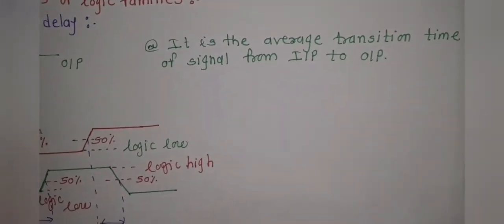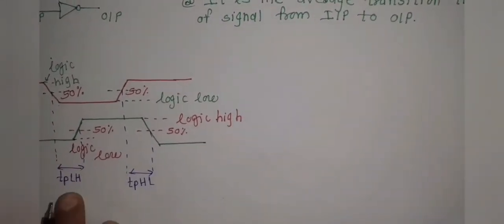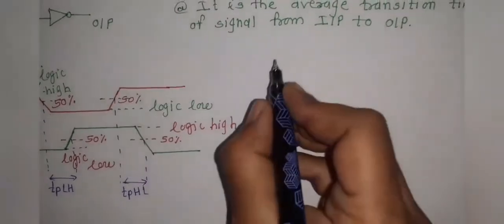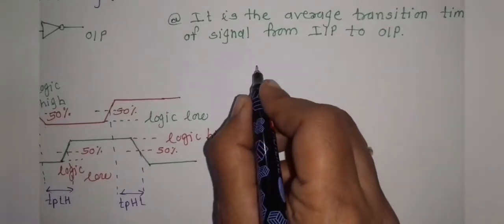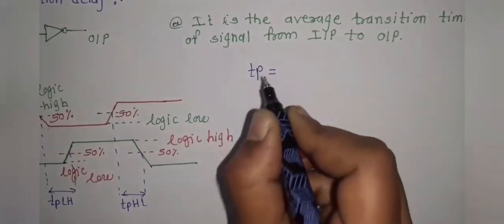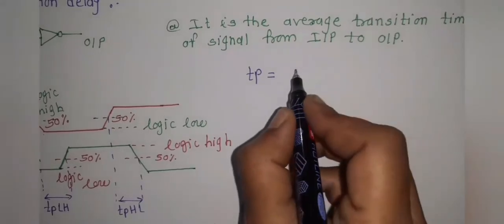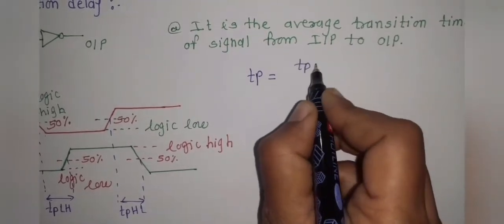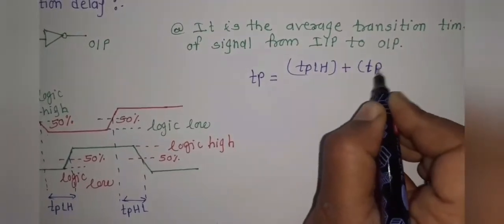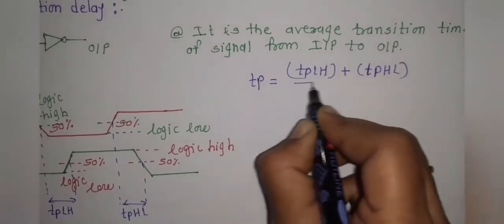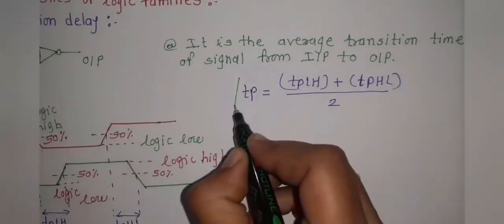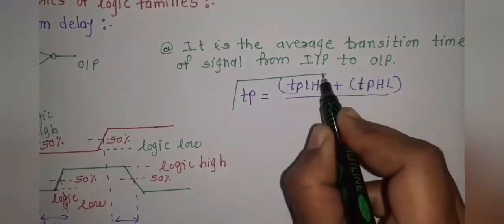Average means the addition of these two time periods; take the average of these two. TP, the total propagation delay, is TPLH plus TPHL divided by 2. This is the total propagation delay.